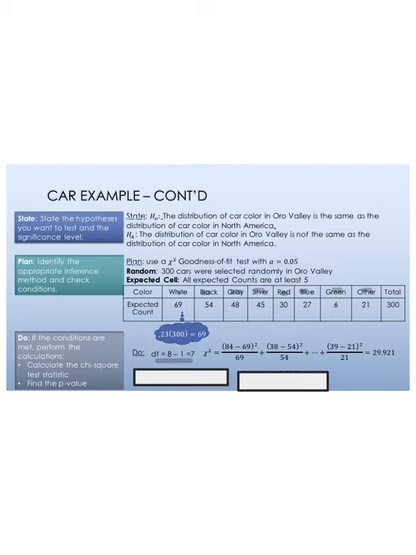For our chi-square model, we take our observed: the 84 was how many white cars, minus what was expected, the 69, quantity squared, divided by 69. Plus, the number of black cars observed, 38, minus expected, 54, quantity squared, divided by 54. We continue this process until we get to the other observed, which was 39, minus the expected for observed, 21, quantity squared, divided by 21. And we do get a chi-square value of 29.921.